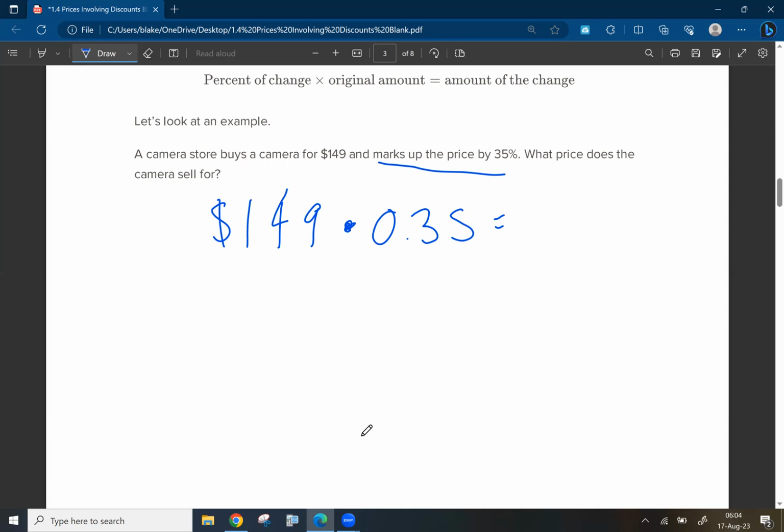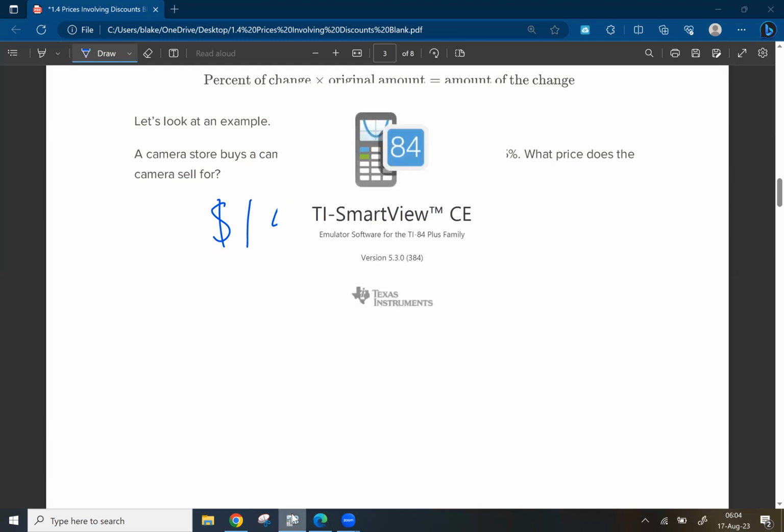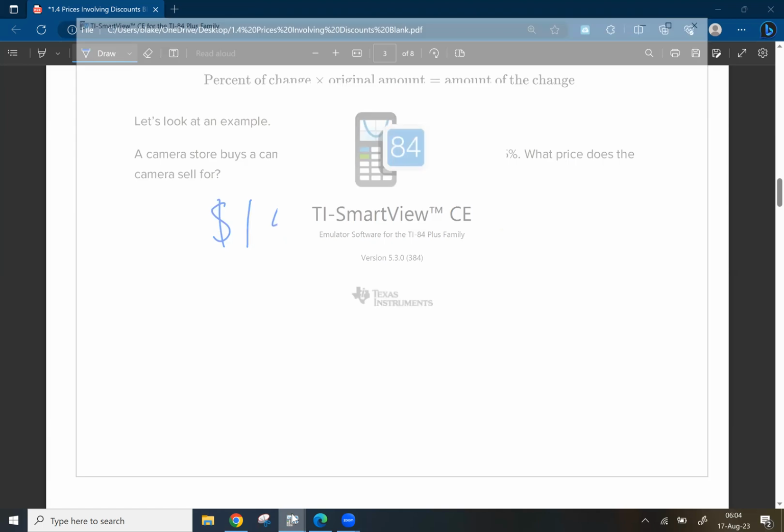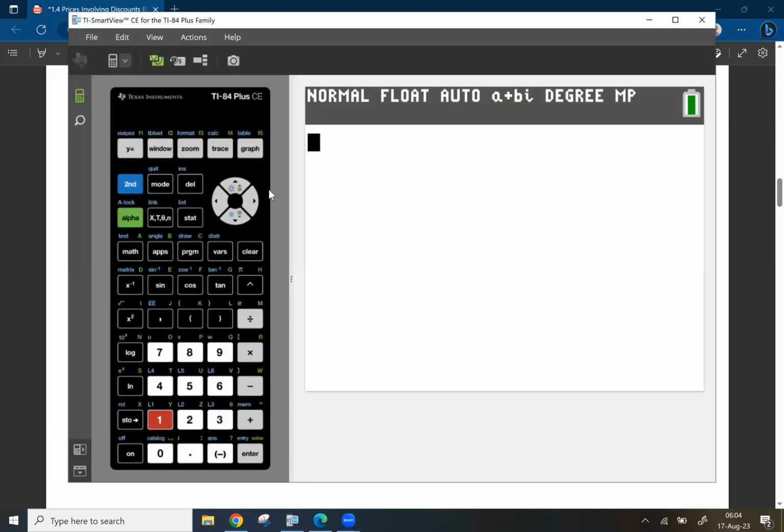I guess I should pull up the calculator on the screen. I was getting my own calculator, but I guess it's fair to show you guys me typing this in, as long as it doesn't mess up my computer. All right. So 149 times 0.35, and this is our markup amount.